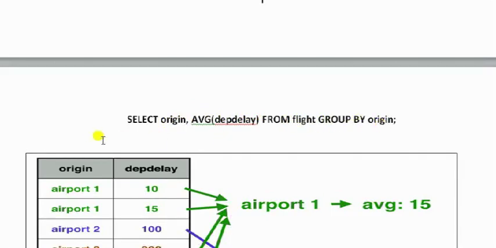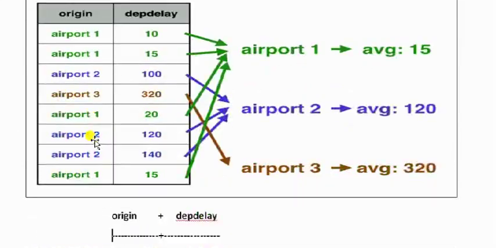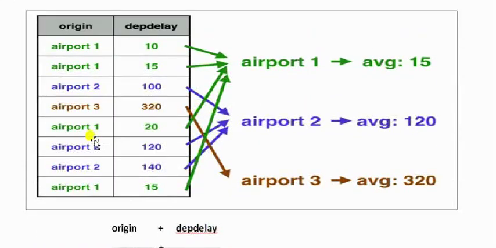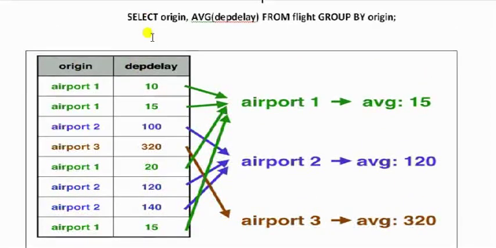Origin is a field, and departure delay, DEP delay, is another field, and the table name is flight. I have taken only these two fields because now we are working on these two fields, origin and departure delay.